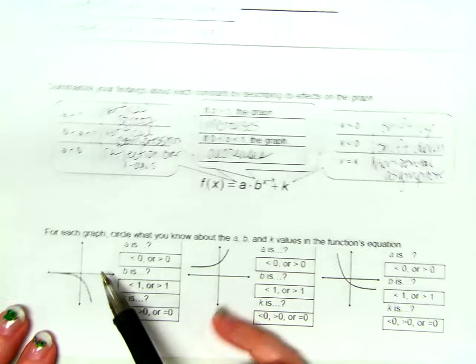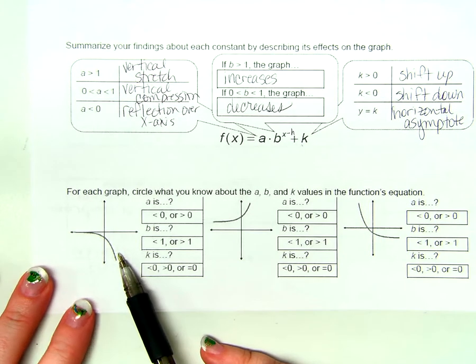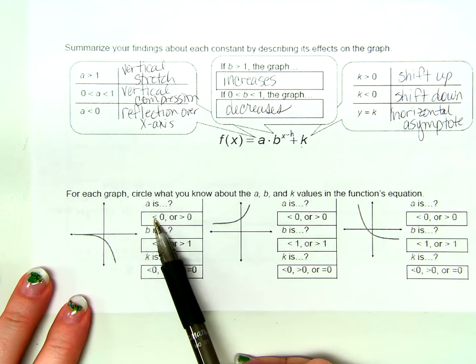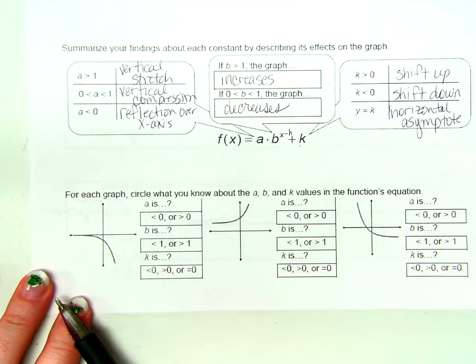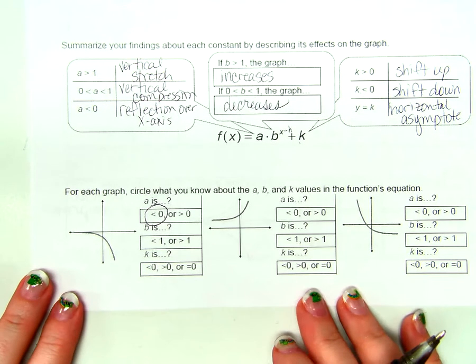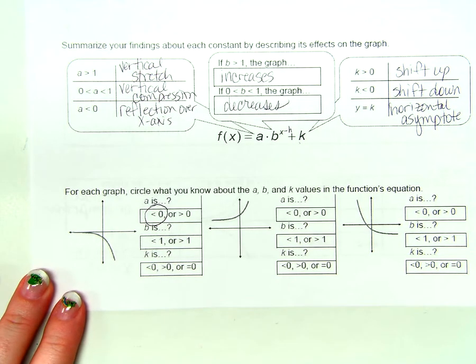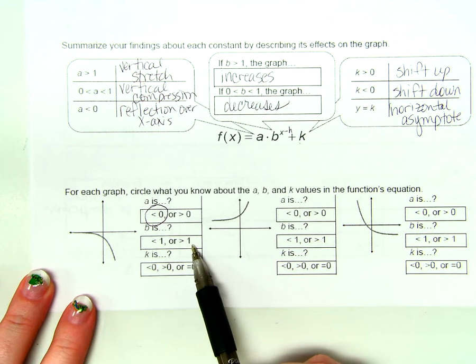Okay? So let's look at this graph right here. This is what's given. First of all, is A less than 0 or greater than 0? I say it's less than. Very good. Is B less than 1 or greater than 1?